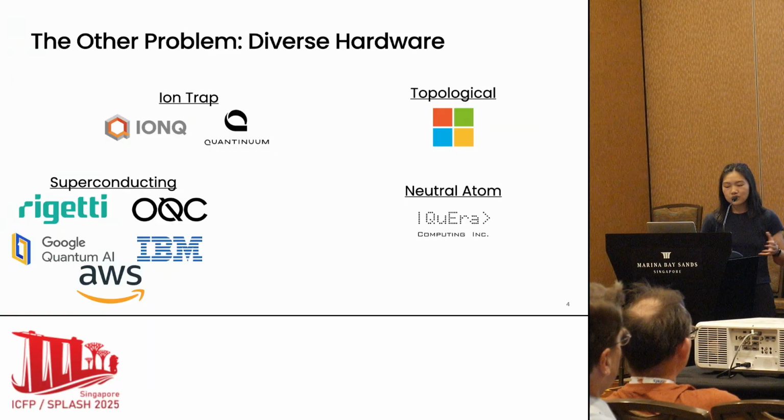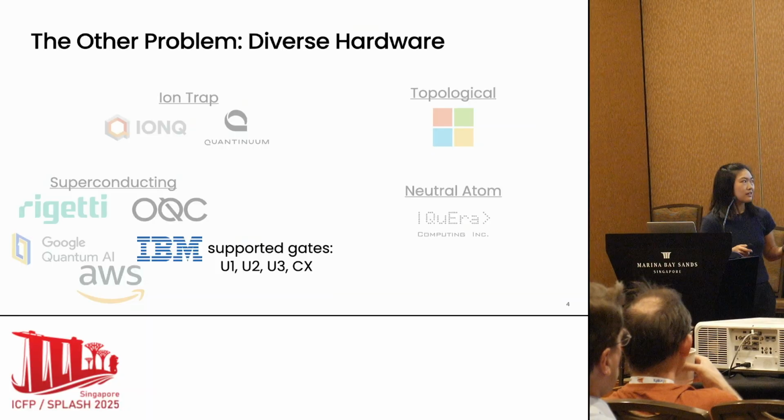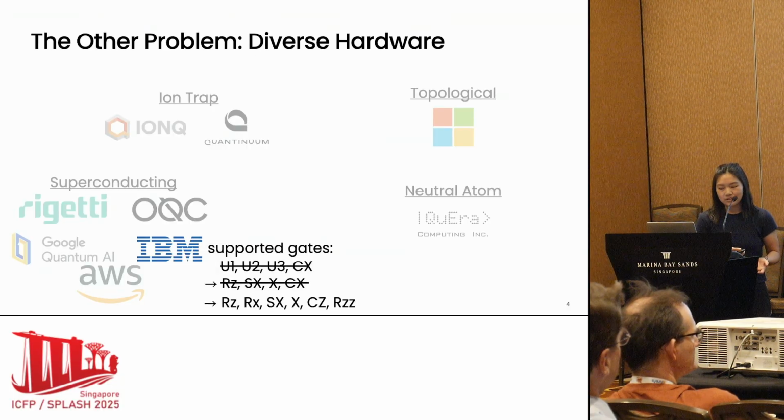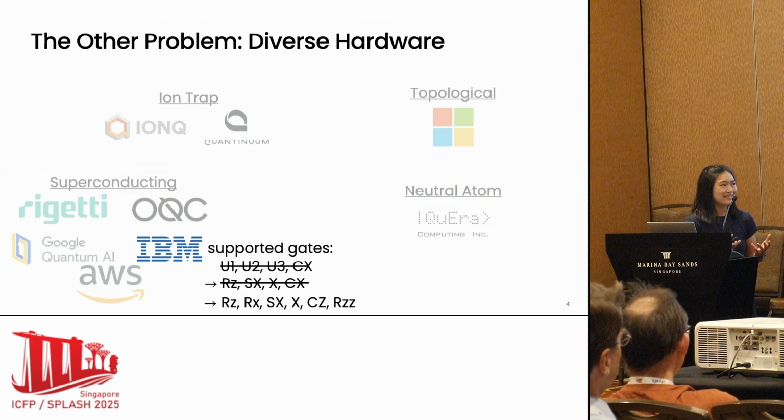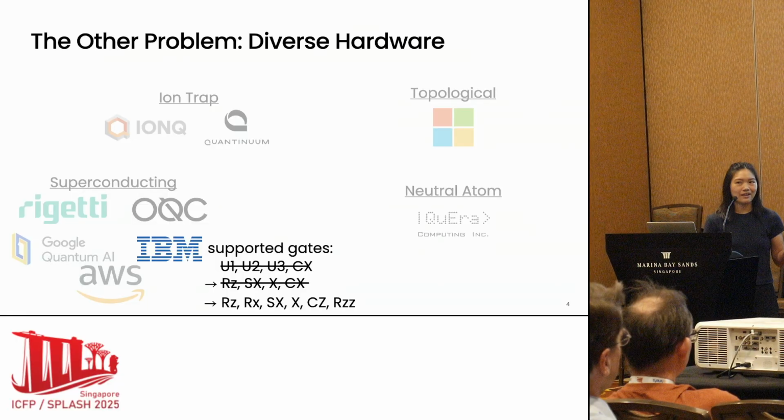And so they each support their own instruction set, and as physicists and engineers work on improving the hardware, they also improve the gates. And so the supported gates for a particular hardware platform can also change over time. And we'd like to not have to rewrite our compiler every time the basis gate set changes.